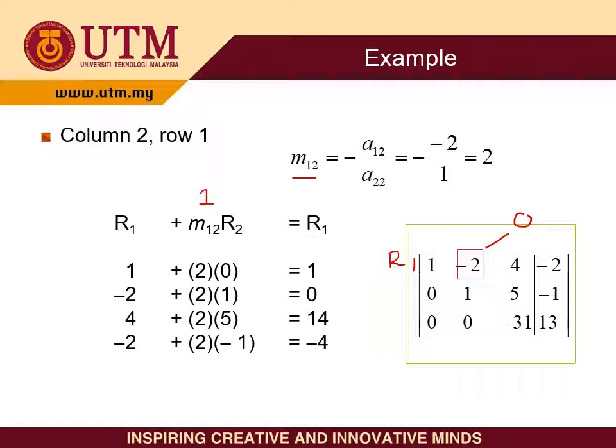So they change R1 based from this equation. So R1, 1, -2, 4, 2, and then this is the M12, and this is the R2, 0, 1, 5, -1. And the results, they change R1, which is the new R1 is 1, 0, 14, -4.